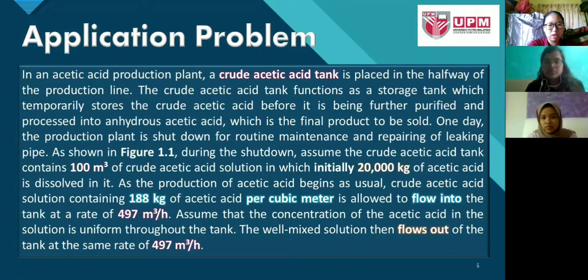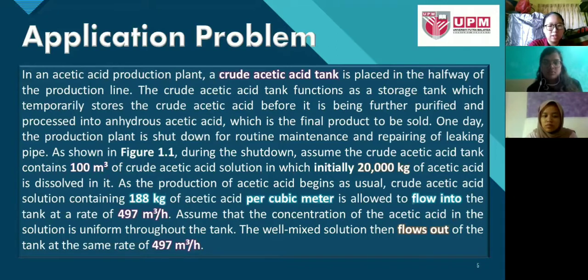One day, the production plant is shut down for routine maintenance and repairing of a leaking pipe, as shown in Figure 1.1. During the shutdown, assume the crude acetic acid tank contains 100 m³ of crude acetic acid solution, in which initially 20,000 kilograms of acetic acid is dissolved.